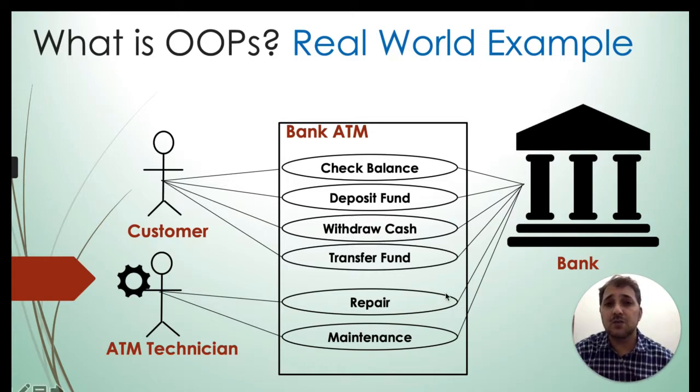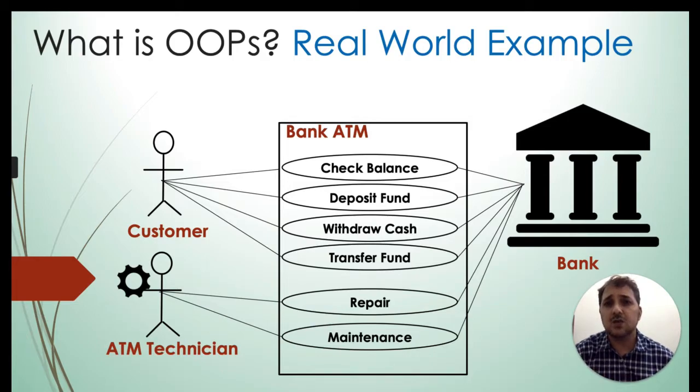Okay, so if you look at all these objects, every object has properties also, but these are the functions that they use to interact with each other. Meaning to say, every object in this real world can only interact through their functions.